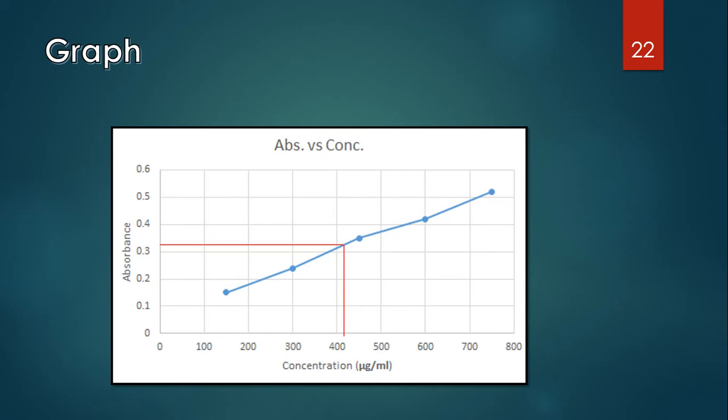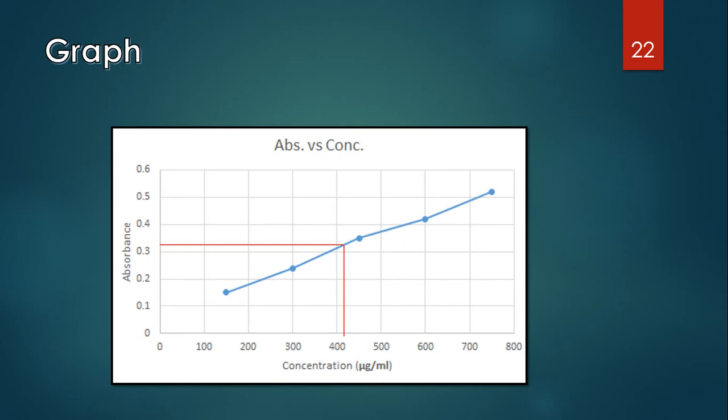So here you can see absorbance on y-axis, concentration on x-axis. So blue points represent the absorbance found at the various concentrations for standard glucose solutions. For unknown, the absorbance was 0.32. So we are going to extrapolate 0.32 on the x-axis, and on extrapolating we got 410 microgram per ml.